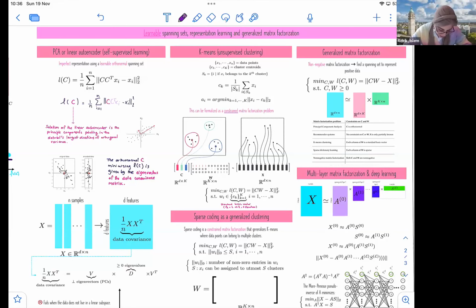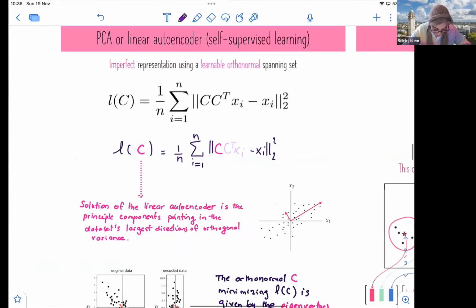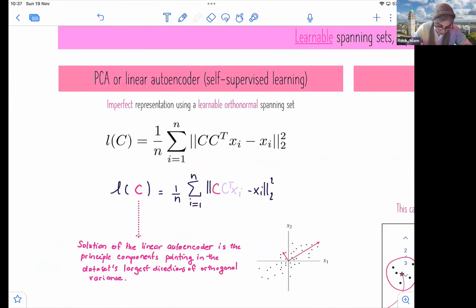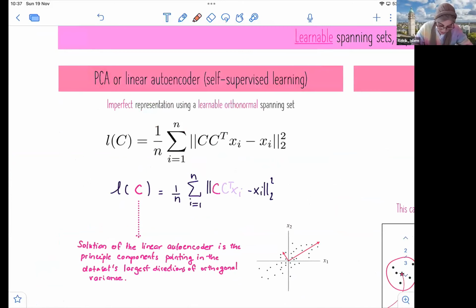What we have seen before is that the linear autoencoder problem can be formalized as the minimization of a first term where we encode and decode the original sample and basically reconstruct it back.